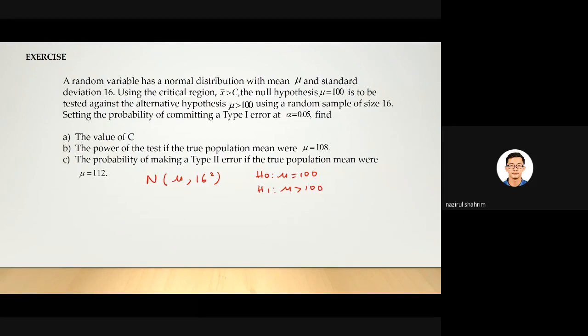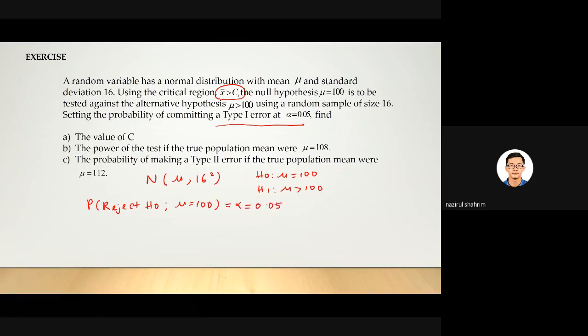Okay. Now we use the information given. The information given, we have the probability of making type 1 error at alpha is equal to 0.05. So that means if we write probability, definition alpha, reject H0 when your H0 is true, that means your mu is equal to 100, is equals to alpha, in this case is 0.05.